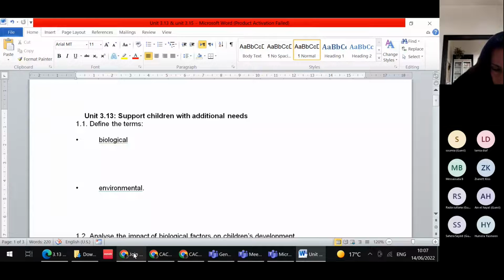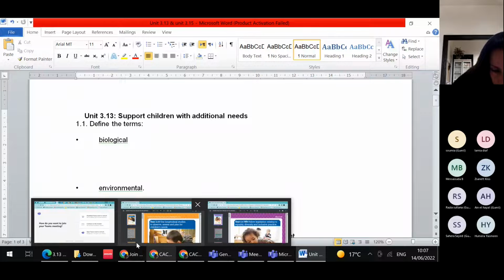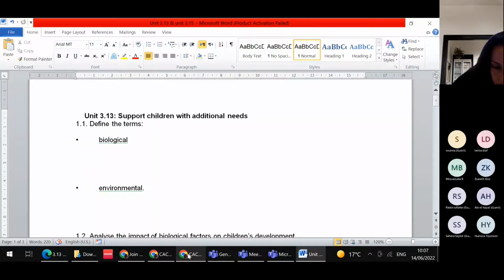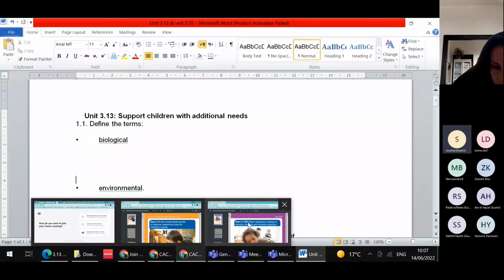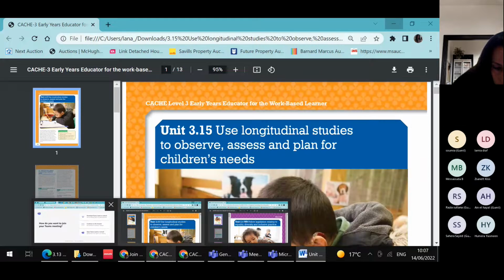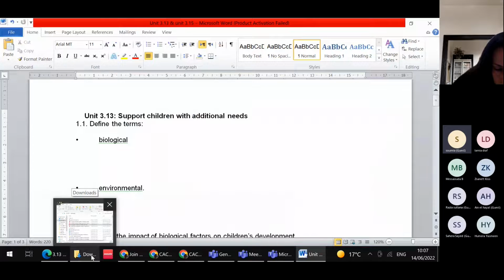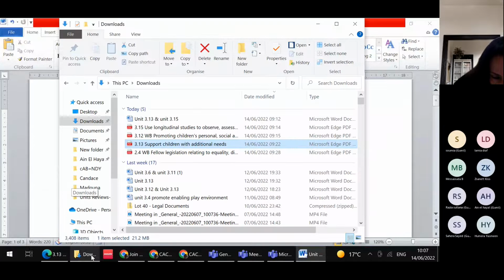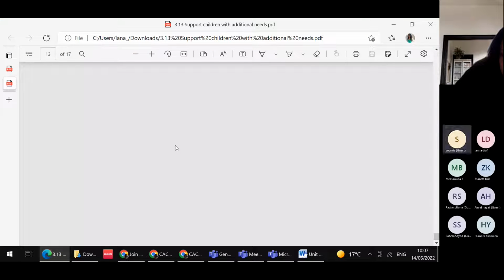Let me find unit 313. This one? No, this is 315. Sorry, just 1 second. Okay, here we go.